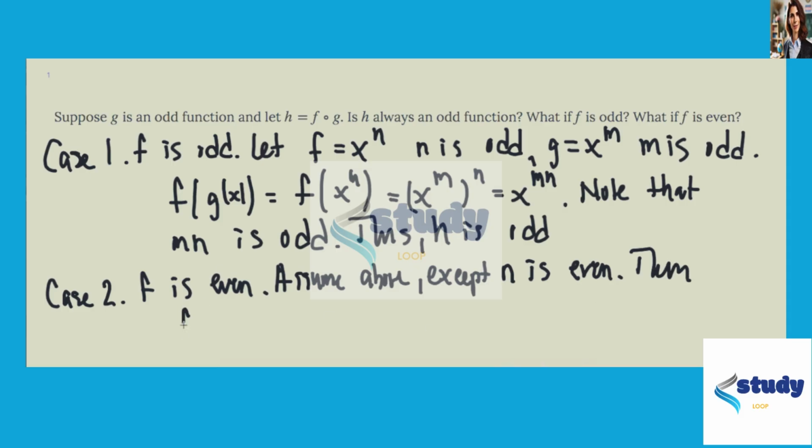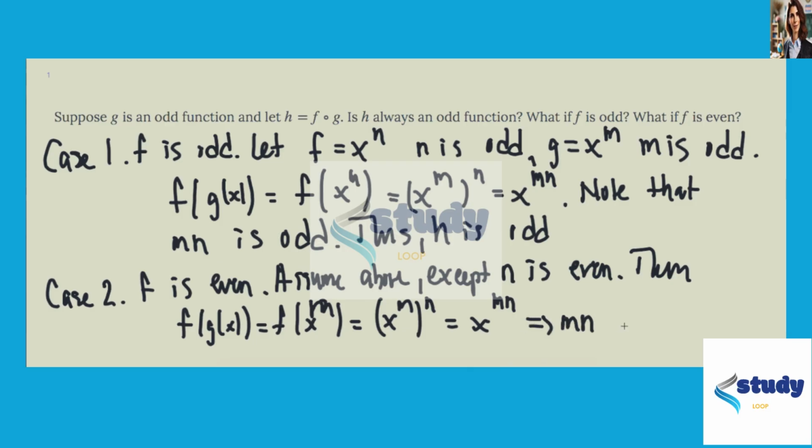Then we get f composed with g is f of x to the power m, and this is x to the m to the power n, and laws of exponents say this is x to the m times n, and note that m times n, if m is odd and n is even, we end up getting an even number.